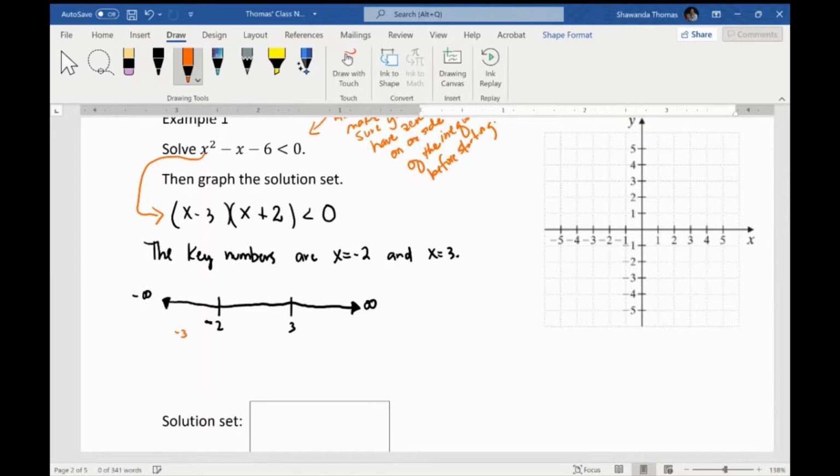If we plug in -3 into the first parenthesis, all we really need to know are the signs. Will the sign be negative or positive? Negative. What about -3 plus 2? Negative. So we multiply negative times a negative to get positive. Positive for this interval.